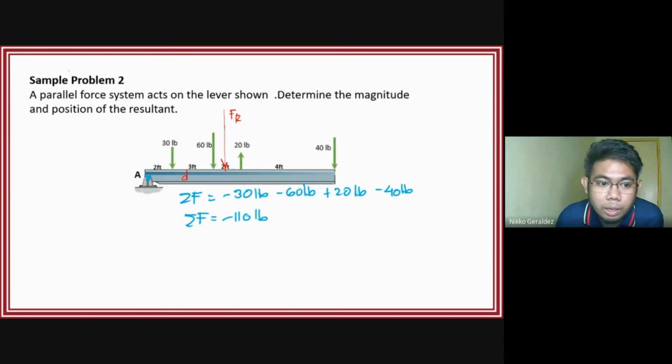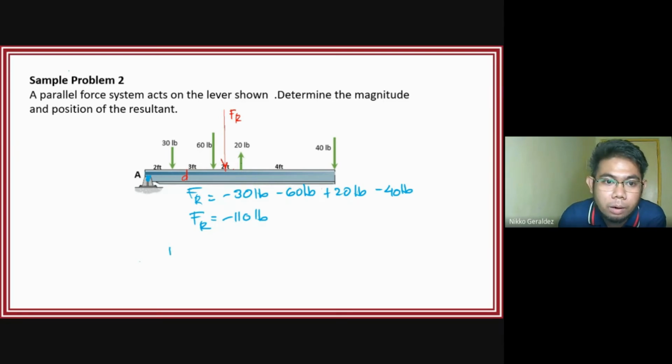Clockwise, counterclockwise. So, clockwise, no? So, positive, no?